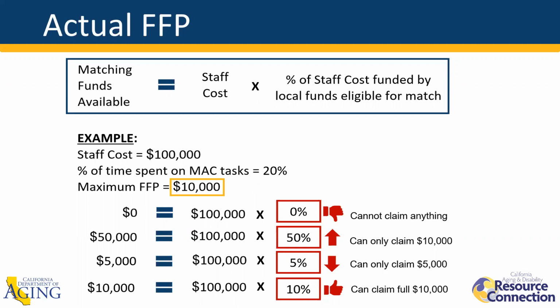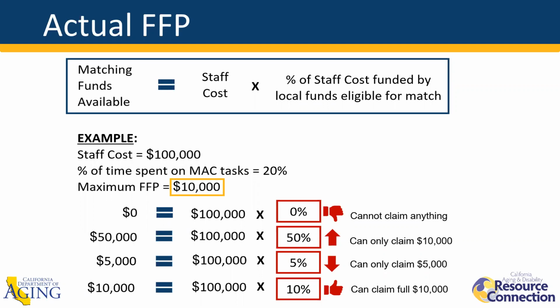So again, cost $100,000 to fund Jane Smith's position for a quarter. She spends 20% of her time on MAC activities, and we already determined that the maximum FFP that can be claimed is $10,000. Okay, so we have 4 different scenarios here as examples.